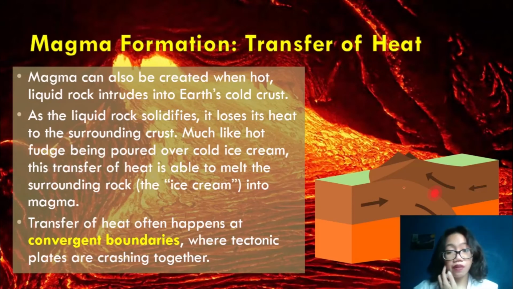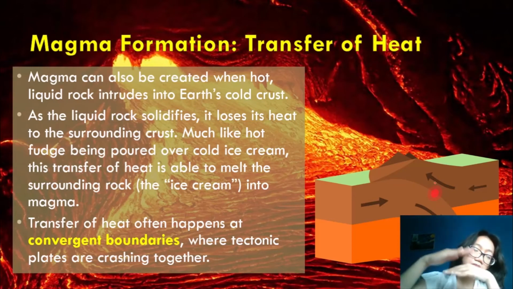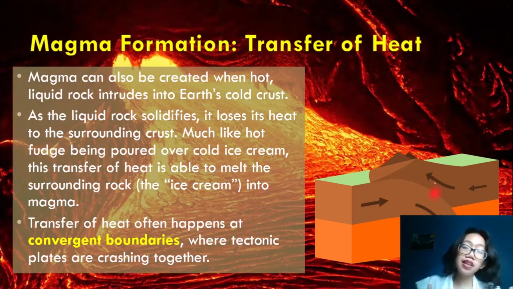So you will have one plate here which will be hotter than the other because usually it's the one moving downwards into the Earth's surface, and it will transfer the heat to the other plate which is remaining above the surface. But still, that convergent boundary will create heat and thus create magma.